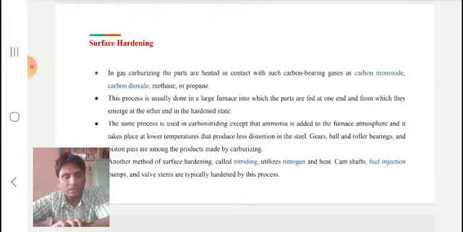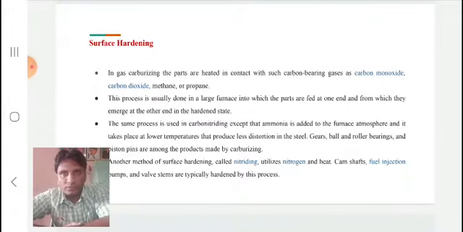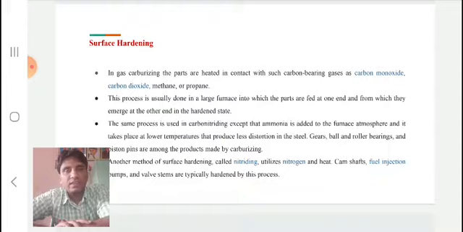The technique behind gas carburizing is, we heat the metal in the atmosphere of carbon bearing gas. Carbon bearing gases are nothing but carbon monoxide gas, or carbon dioxide gas, or methane gas, or propane gas. Because gas can go to any place, an even diffusion of carbon takes place in gas carburizing.